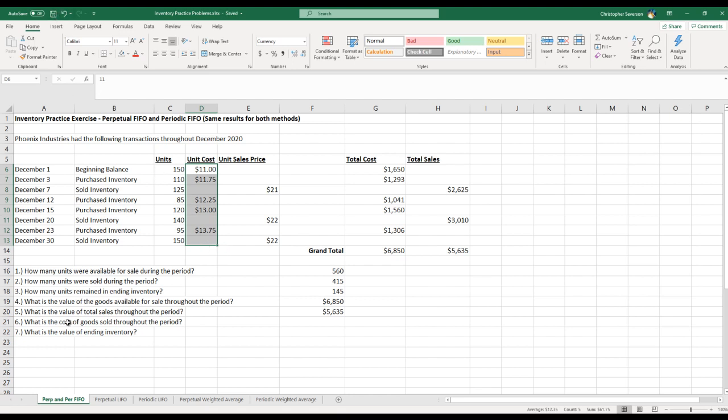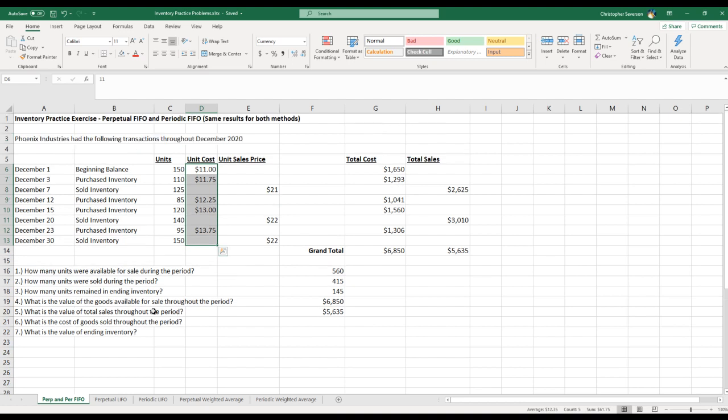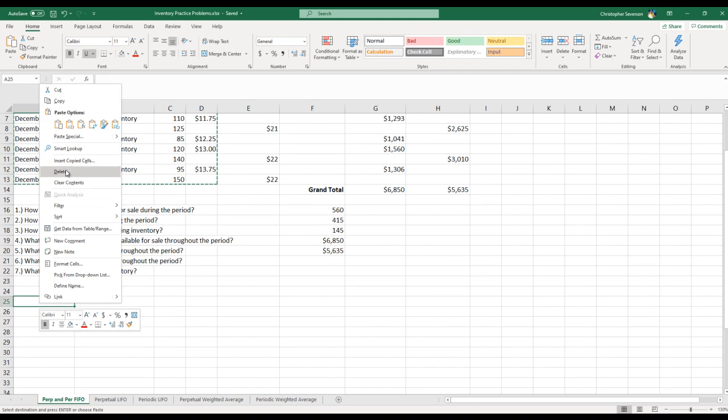So what we would do now is the cost of goods sold throughout the period. There are a variety of ways to illustrate this, as I said. And again, you may have a template that you have to use already. But the way I would do this if I was starting from scratch is I'm going to take my data set, my layers of inventory, and copy them down here a little bit.